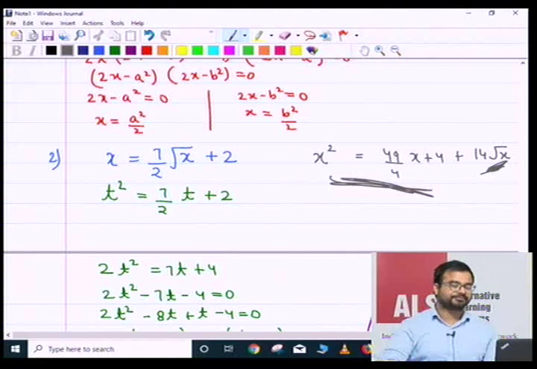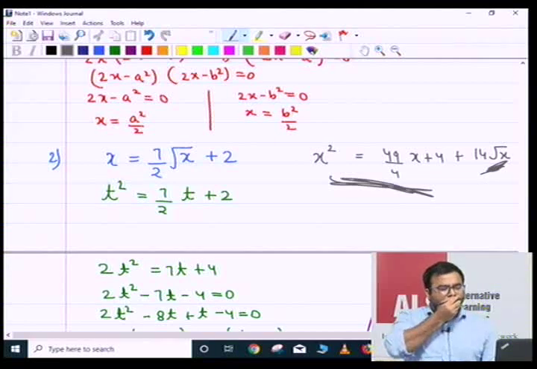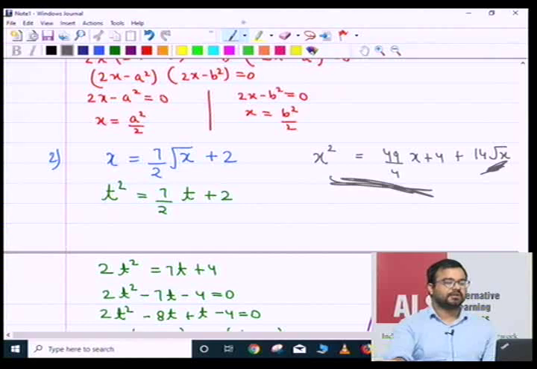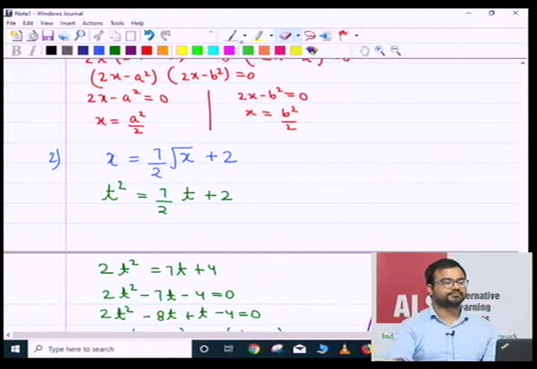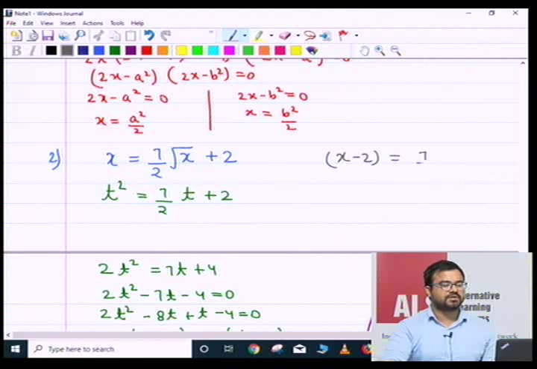Okay, you are saying taking 2 on the left hand side. So all of you listen here, Itanagar is saying, if you are taking 2 on the left hand side, you are saying like this: x minus 2 is equal to 7 by 2 root x.